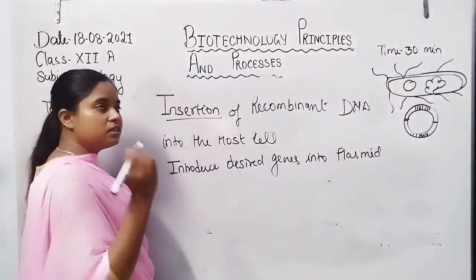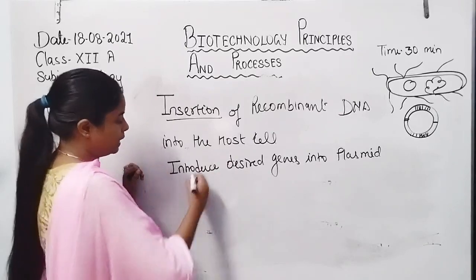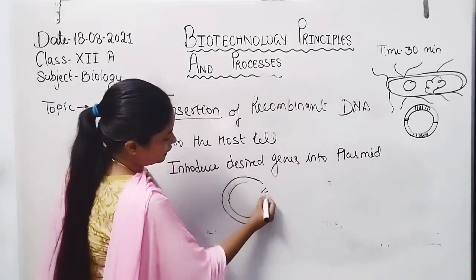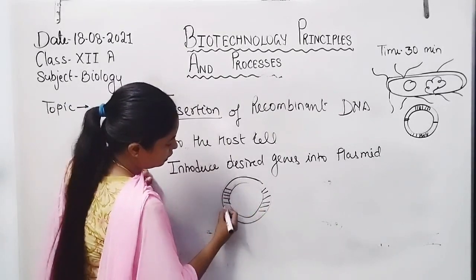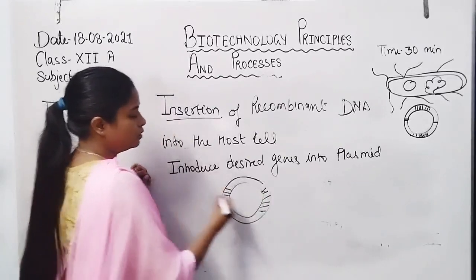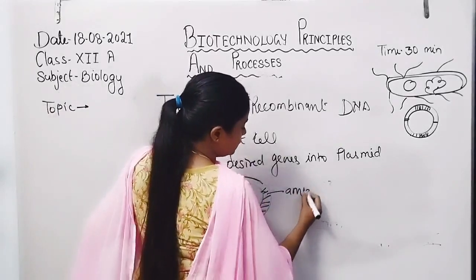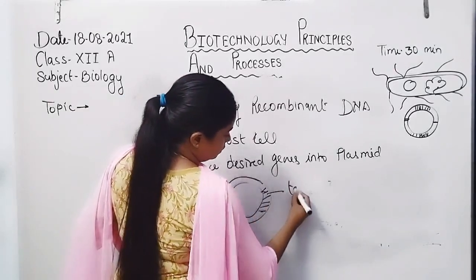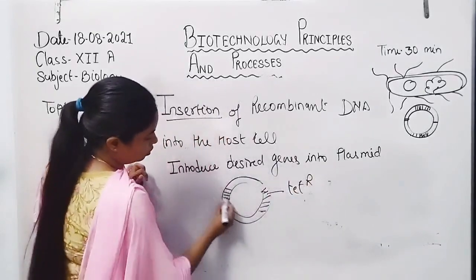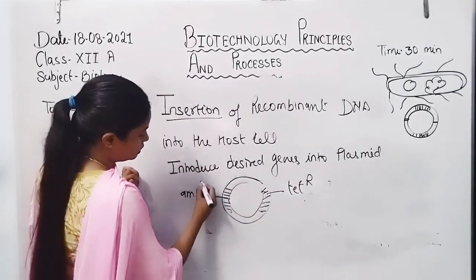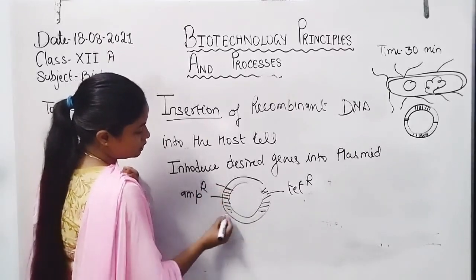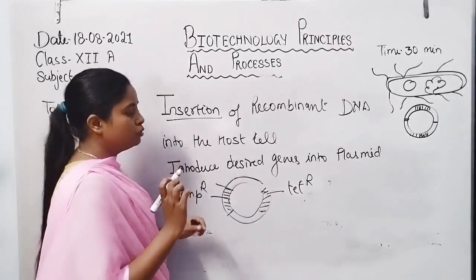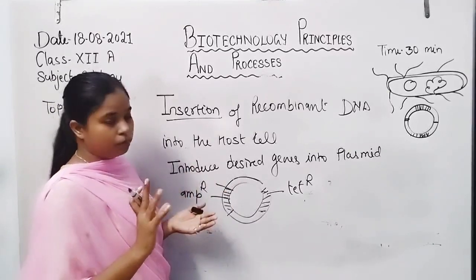Then after this, because the plasmid has different regions, these regions have the restriction site, and also have the ampicillin resistant gene or tetracycline resistant gene. For example, the tetracycline resistant gene, or this one, the ampicillin resistant gene. So through the restriction endonuclease we just cut out one of the two markers from the plasmid.